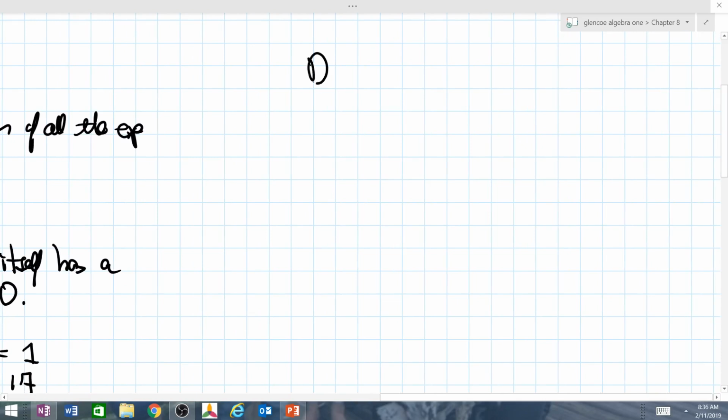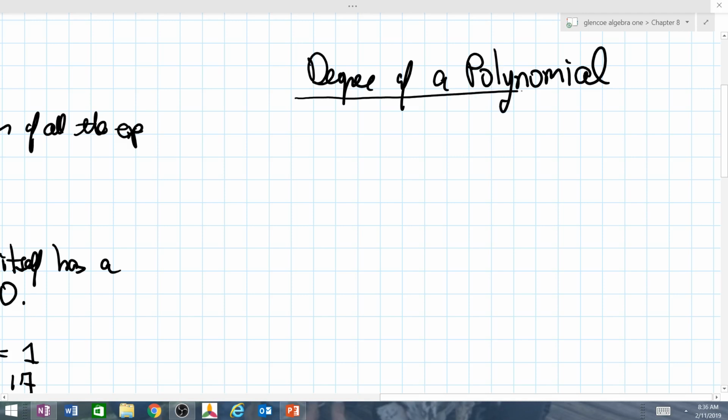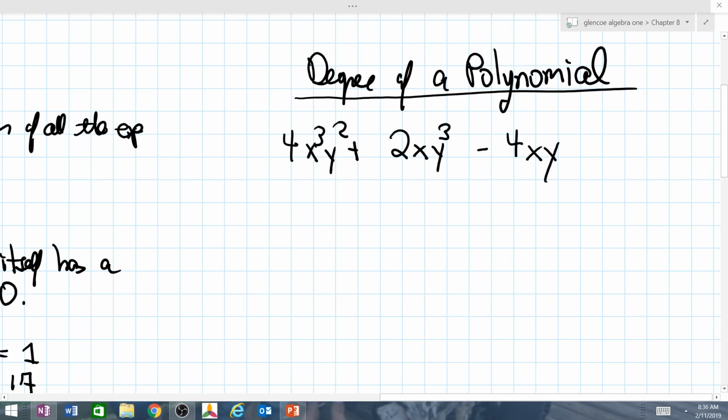Let's show you how to find the degree of a polynomial. And I always say, well, it's kind of like a game. So if I gave you 4x cubed y squared plus 2xy to the third minus 4xy plus 15.